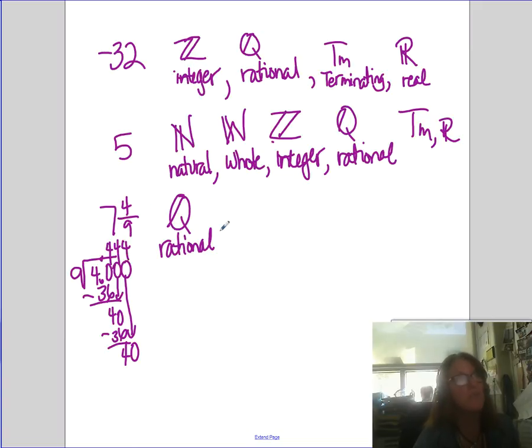It's a repeater. So put a capital R, little p to stand for repeating. If I say it's rational, it can't be irrational at the same time. It's one or the other. So this guy's rational, which means the only thing left to classify it as is a real number. I guess I incorporated all that into one, didn't I? There you go. So that's 7 4/9.